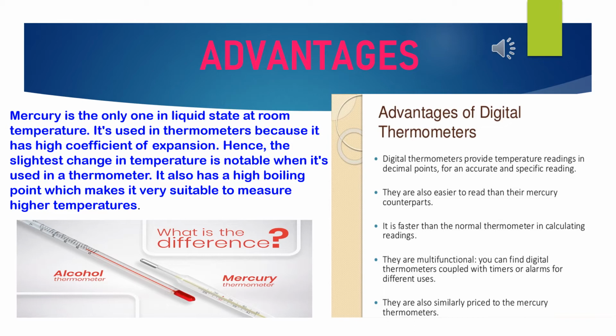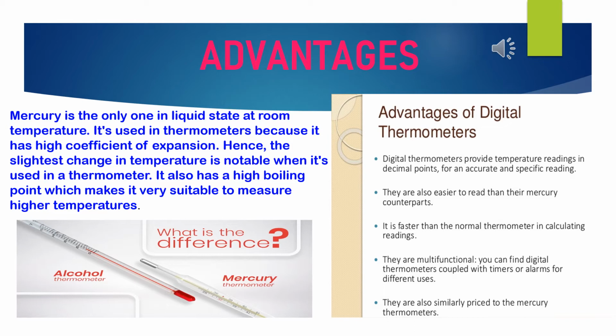Now, coming to the next point, the advantages of digital thermometers. Digital thermometers provide temperature readings in decimal points for an accurate and specific reading. It is not possible in case of any clinical or sensitive thermometer. Next, they are also easier to read than their mercury counterparts.